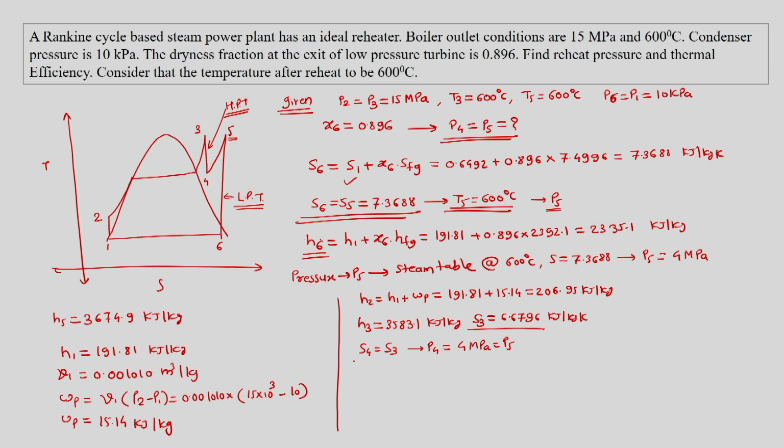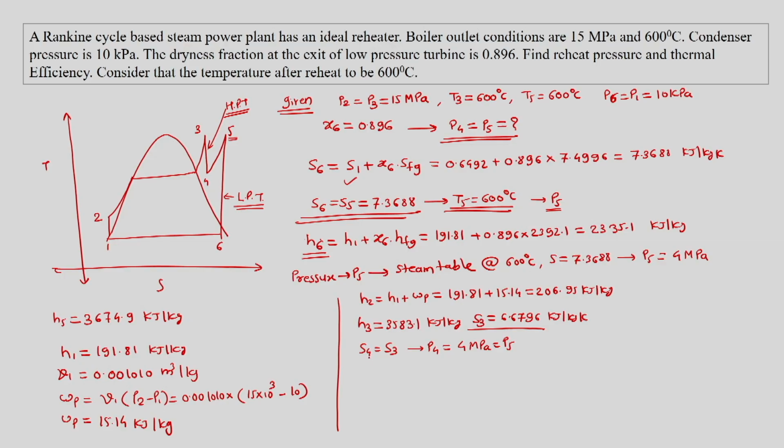This temperature can be the saturation temperature. Point 4 can be inside the dome or outside the dome. If point 4 is inside the dome, we would have to find the dryness fraction for point 4. If it is outside the dome, then we know it will have dryness fraction 1.